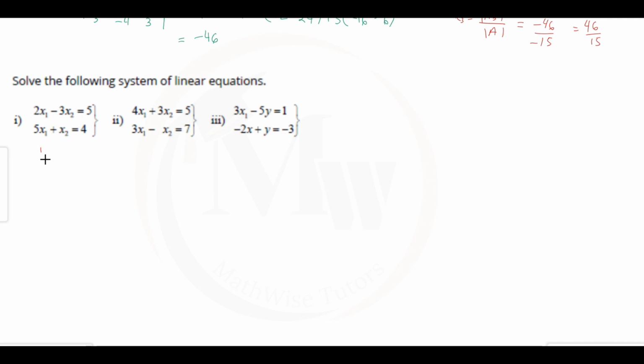So first let's write the equation in the form of a matrix. The A matrix becomes 2, negative 3, 5, 1. The X matrix will be x1, x2, and the B matrix is 5 and 4. If we write it in the form AX equal B.